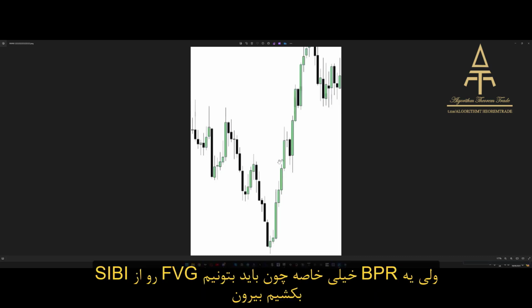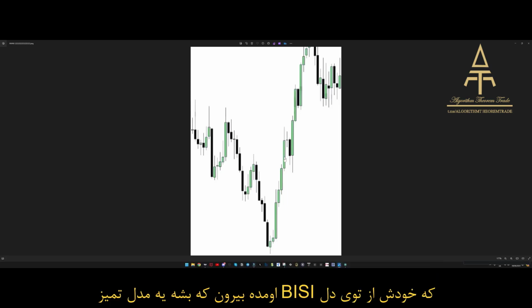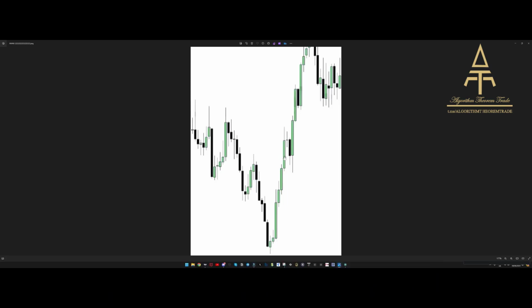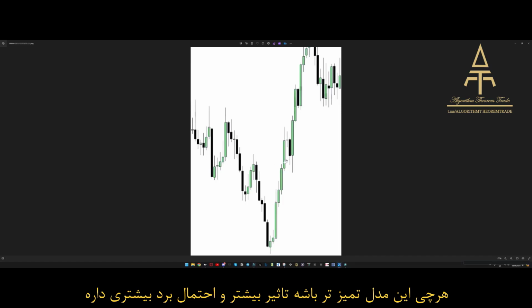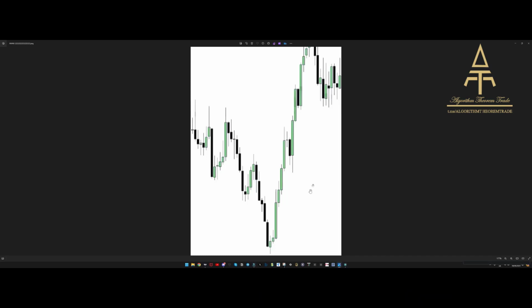But it's a very specific BPR because we have to be able to pull the fair value gap from the SIBI through the BISI cleanly where possible. The cleaner this model is, the more effective and high probability this model is. This is an entry model.